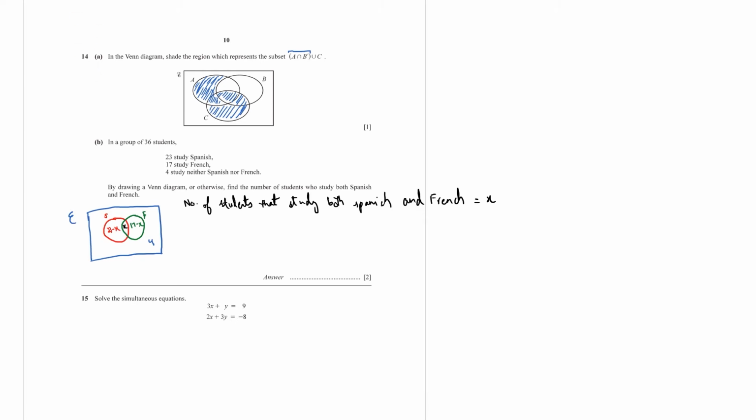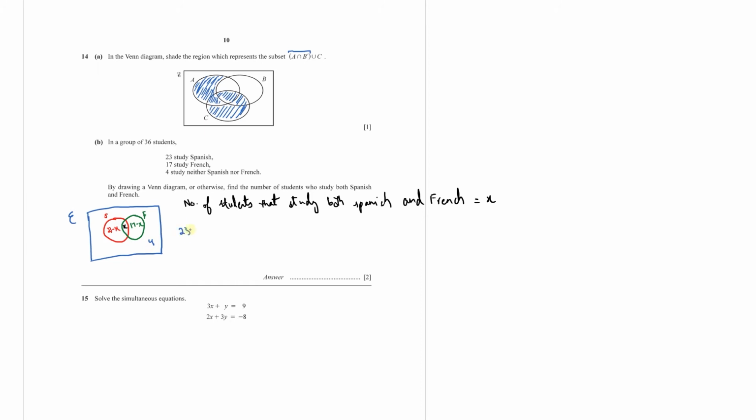And then we can compute the value of x, as we know that the total number of students is 36. That means if you add up all these numbers, they should sum up to 36. So that is the number of students who study Spanish only, the number of students who study French only, plus the number of students who study both Spanish and French, plus the number of students who study neither Spanish nor French.